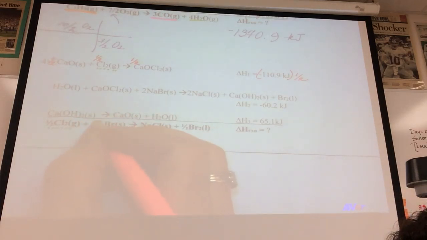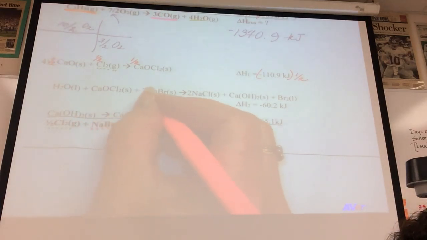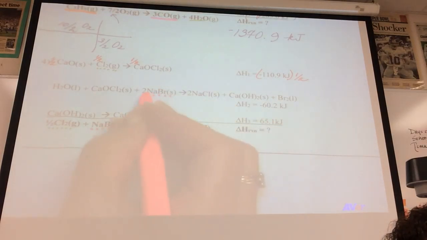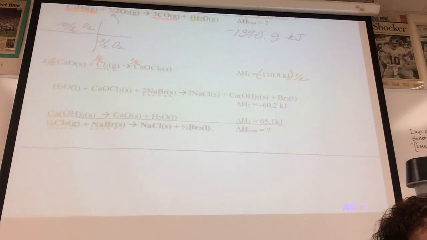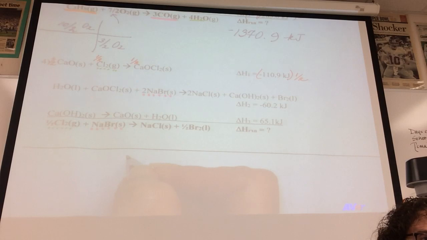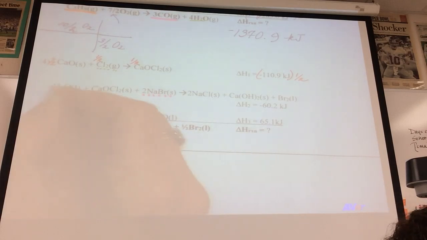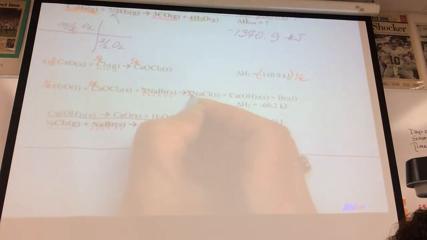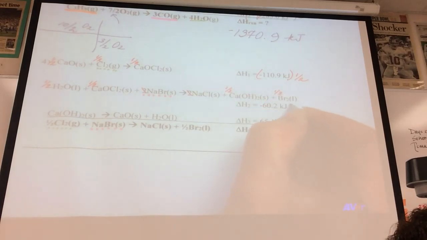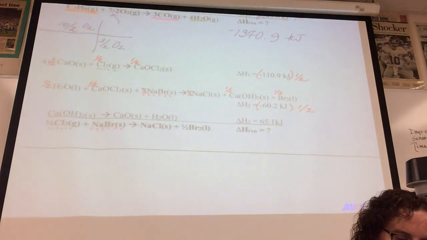Sodium bromide, but the coefficients don't match. I've got 1 here, 2 here. What do I need to multiply the second equation by? 2 times 2 is? 4. What times 2 is 1? 1 half. Cancel, cancel, because those will both be 1s. A half and a half, so I have to multiply this by a half.